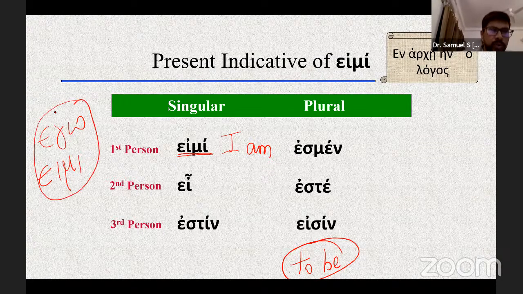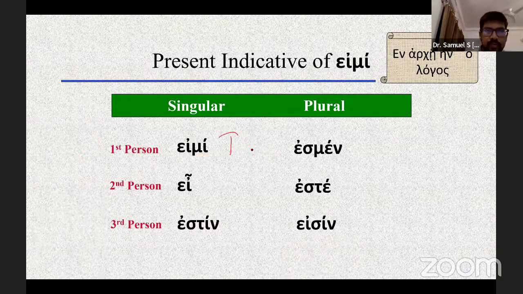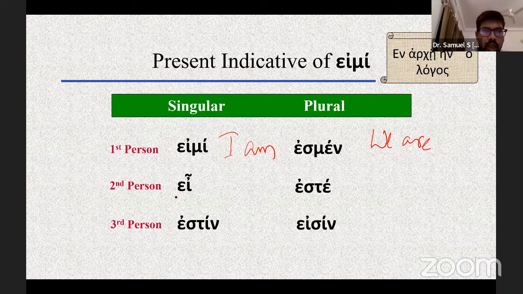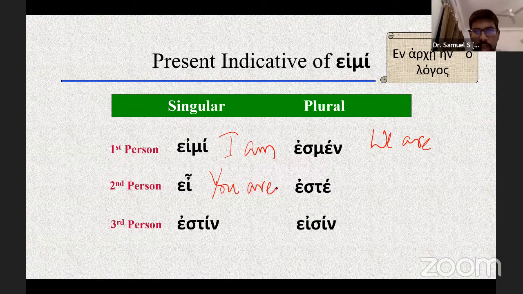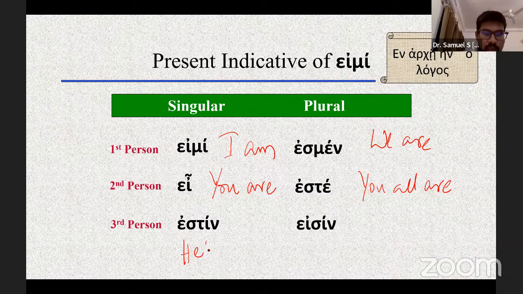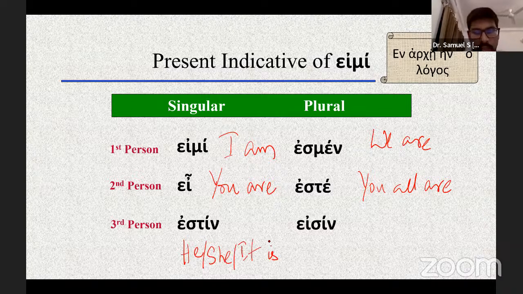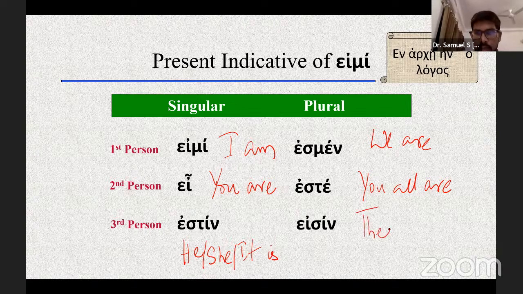So this is very important. We remember, eimi, I am. Esmen, we are. Ei, you are. Este, you all are. Second person plural. Estin, he, she, it is. Eisin, they are.